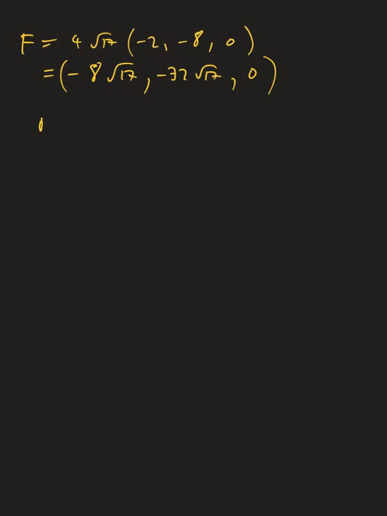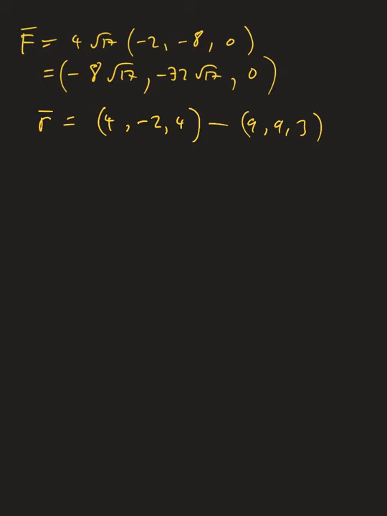Now I need my vector r, which is the vector that joins the fulcrum, the point that the moment of the force is about, the point 9, 9, 3, with the point where the force acts. So the force acts at the point 4, minus 2, 4, and it's about the point 9, 9, 3.